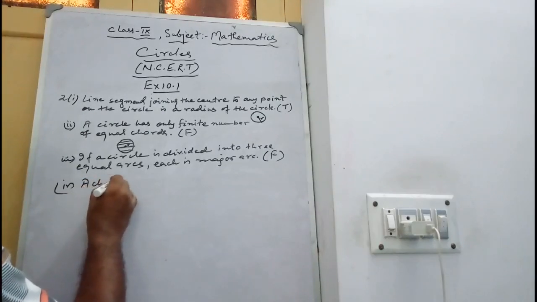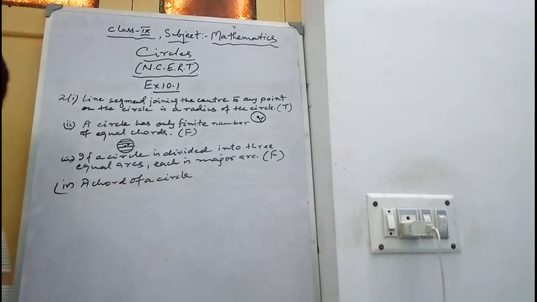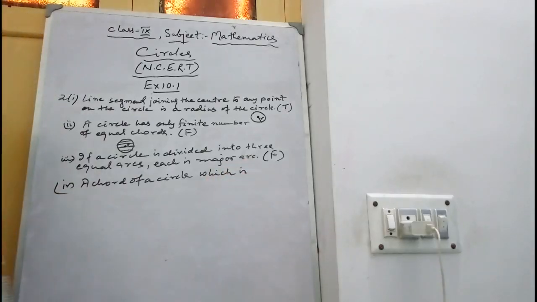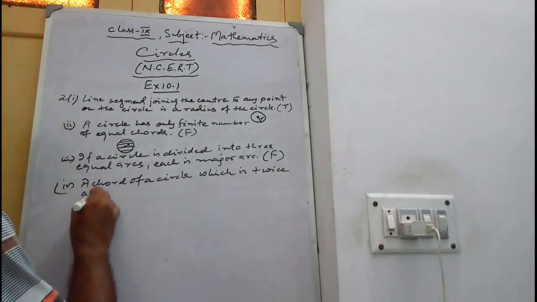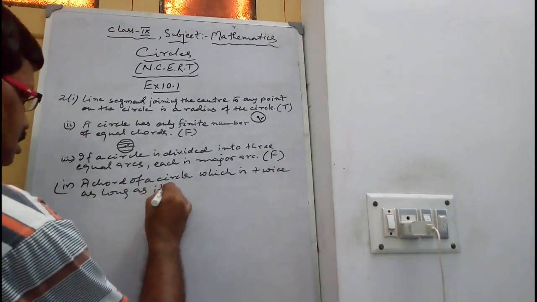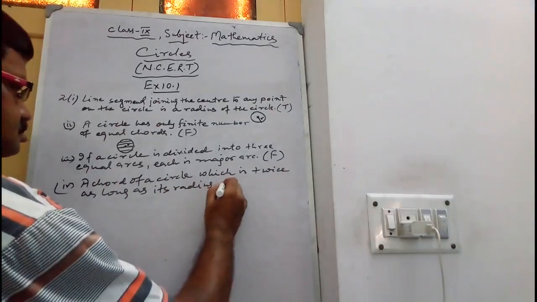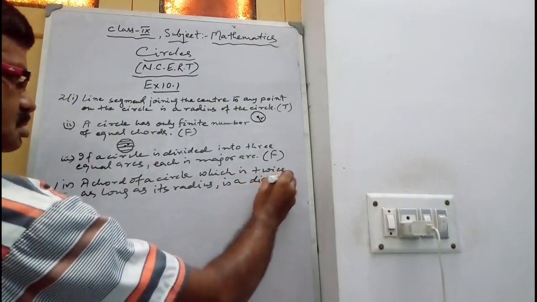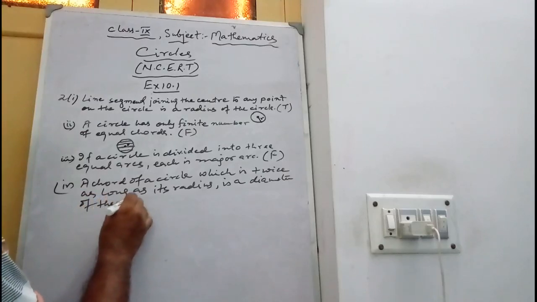A chord of a circle which is twice as long as its radius is a diameter of the circle.